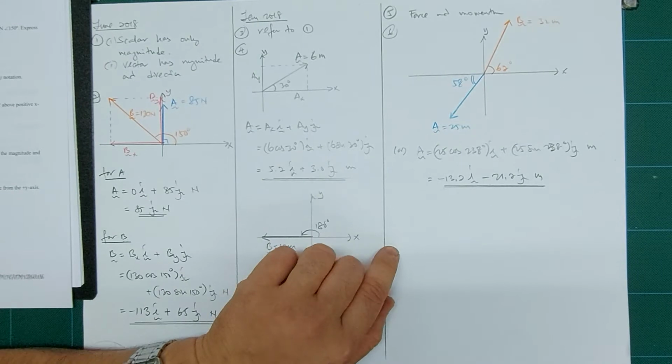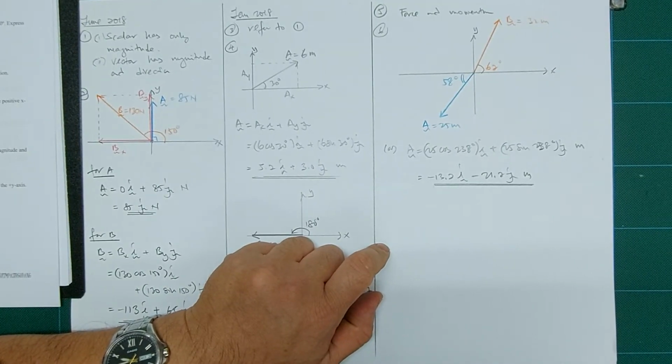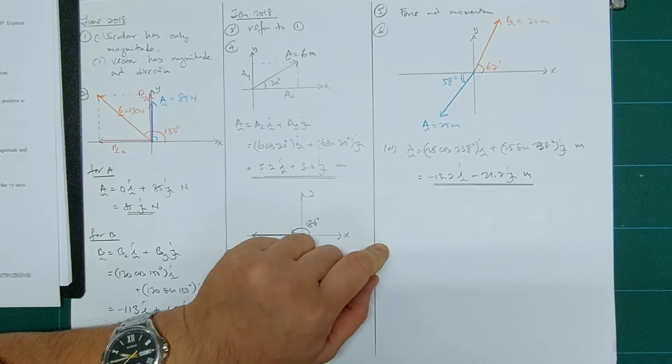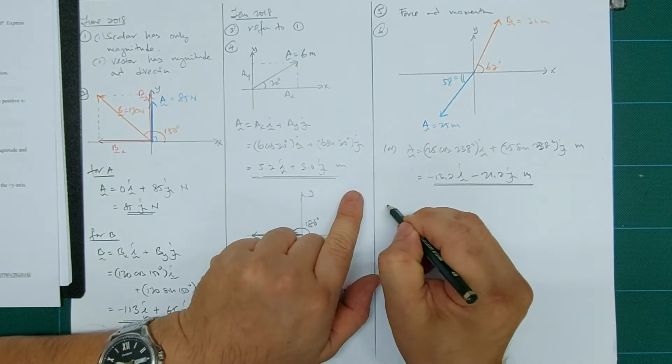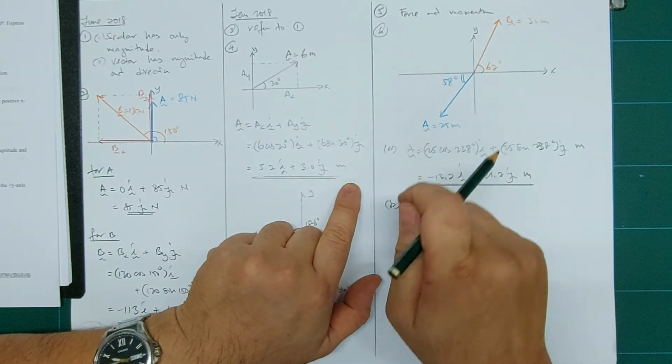But if you look at question 6b, compute the magnitude and direction of vector A minus B. That means you have to find the components for B as well. So we calculate the components for B in section 6b here.